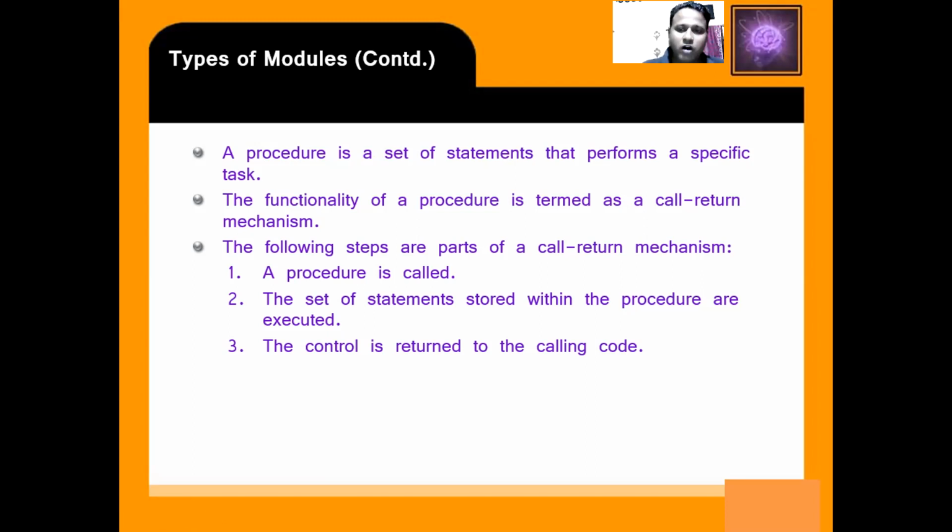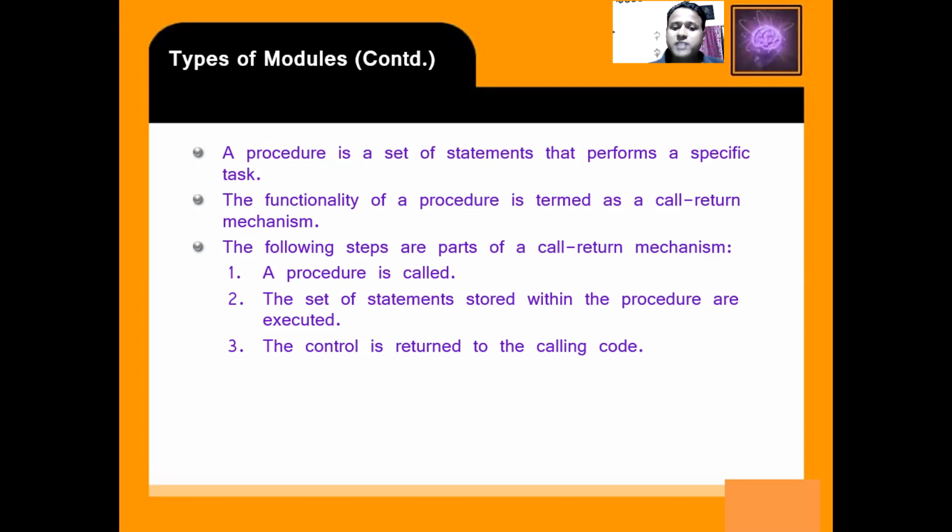When you wash clothes, you give input as dirty clothes, the clothes are processed, and it returns clean clothes. So a washing machine also works as a call return mechanism. Similarly, a procedure works as a call return mechanism, where you give some inputs, the inputs are processed, and it generates the output.